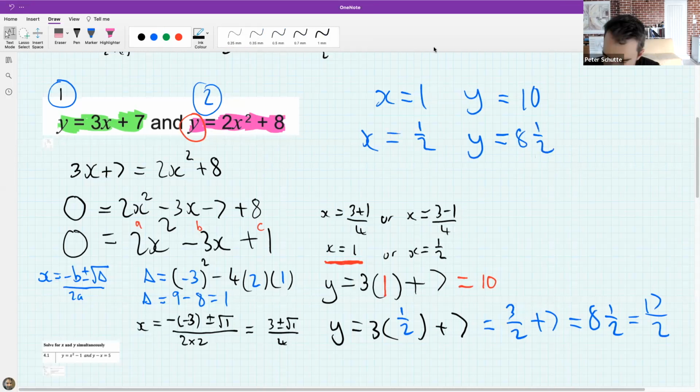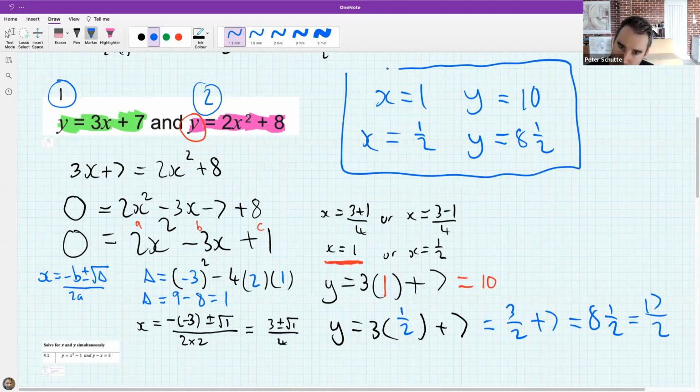Now, what we mean for simultaneous solutions, I want you to try this. If you take 1 and 10, if I put 1 and 10 into the green equation, does it make it true? Well, let's see. 3 times 1, 3 plus 7 is 10. Yeah. So if I sub it into the green one, it works.